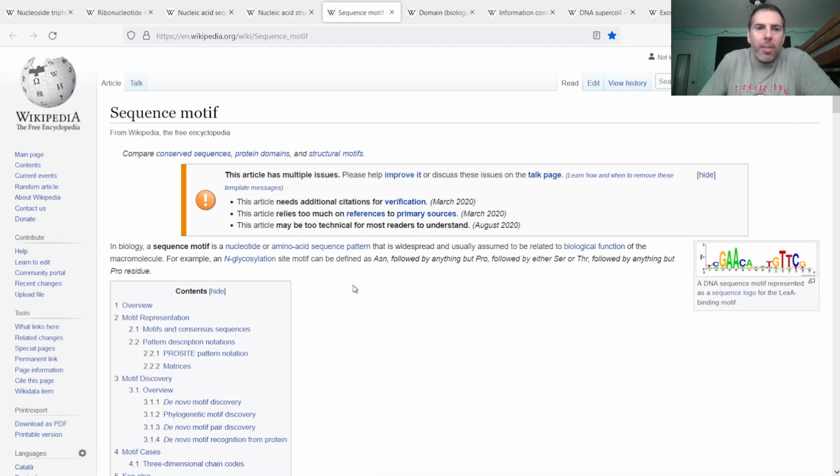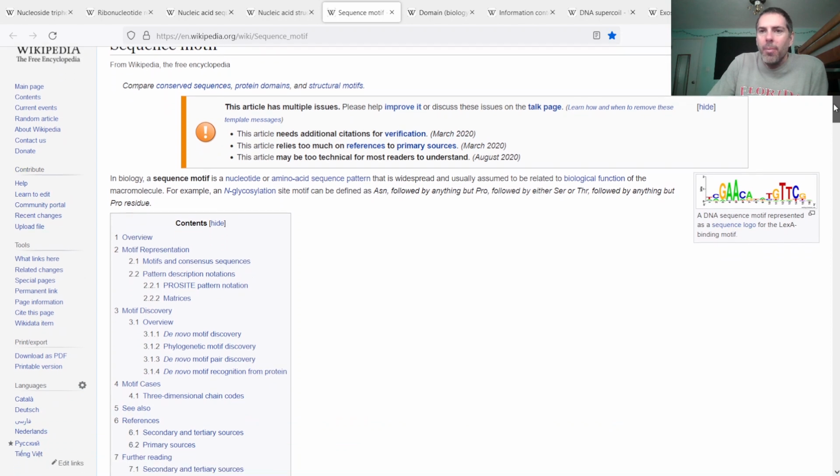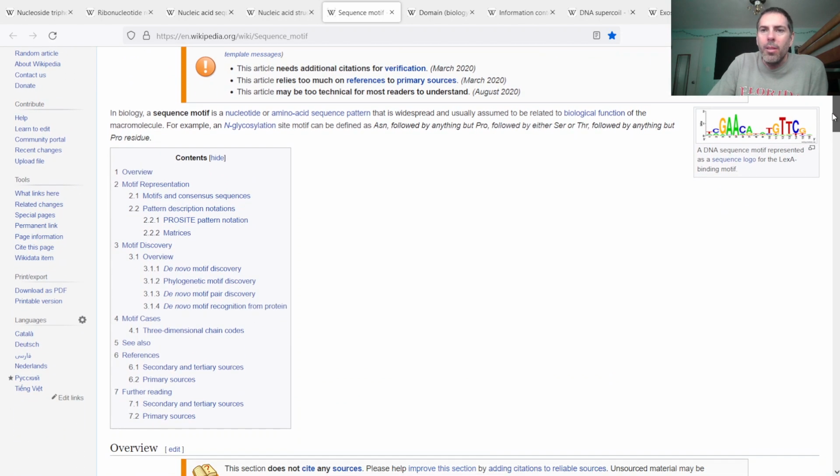So in the sequence, if you have a pattern that shows up in multiple places, you can start describing it as a sequence motif. So there's various ways to describe what is showing up there.